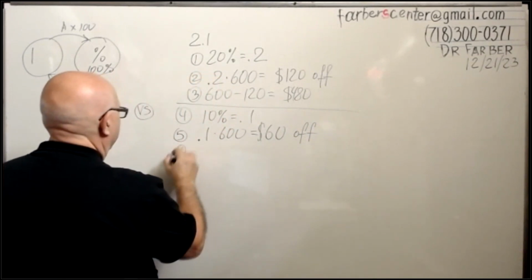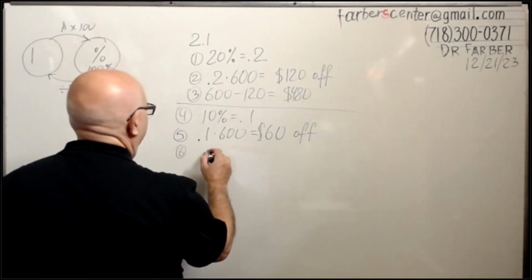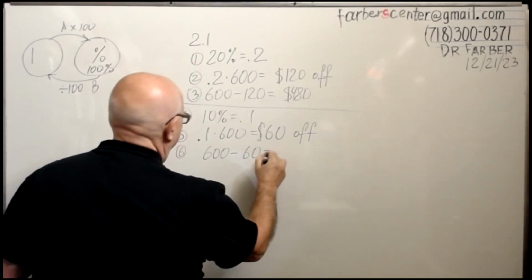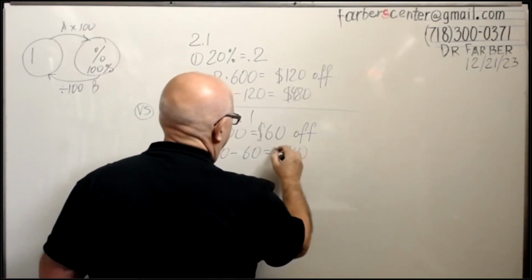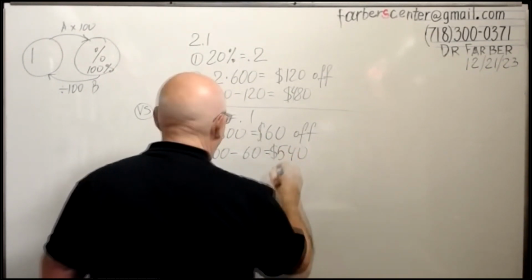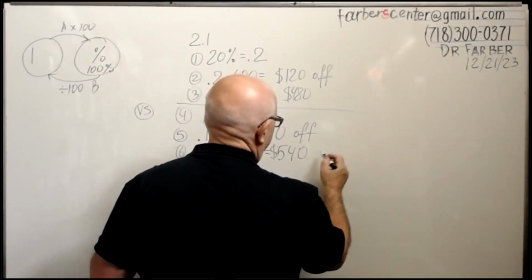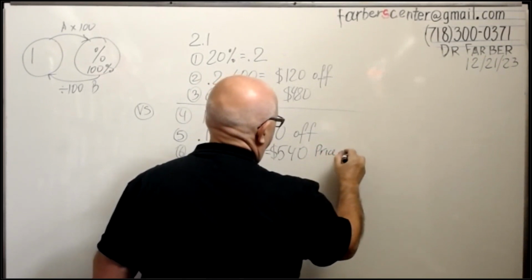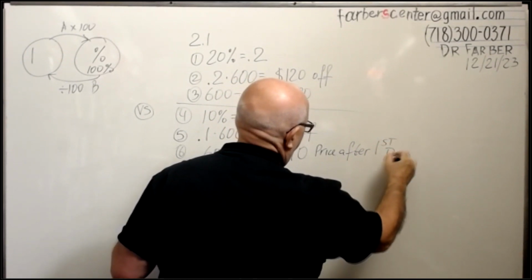Step number 6: since it was 600 and $60 cheaper, it would be $540. That is the price after the first discount.